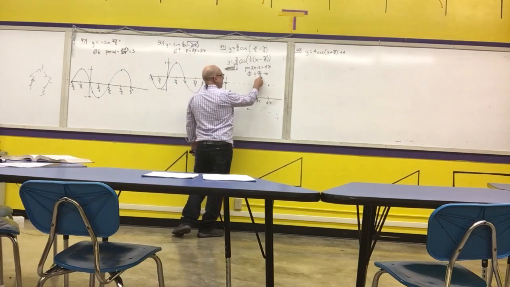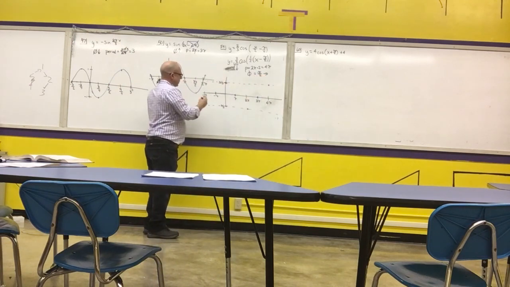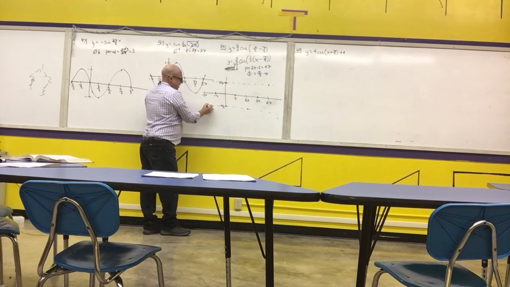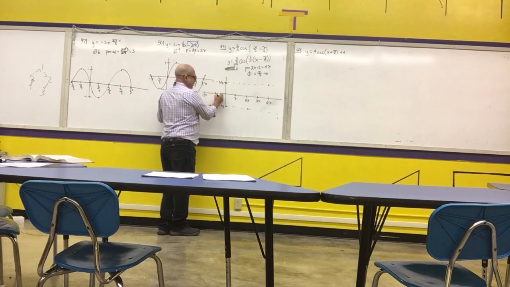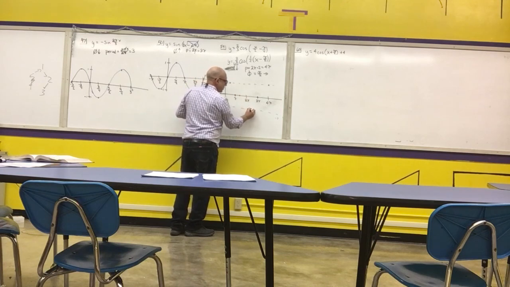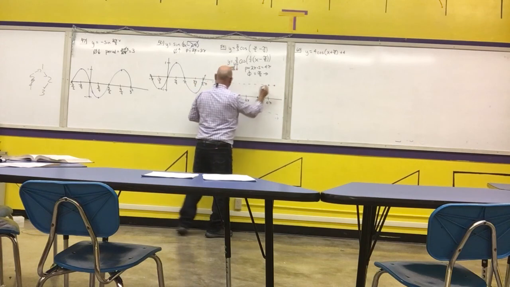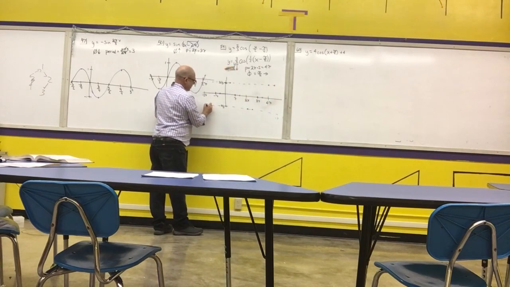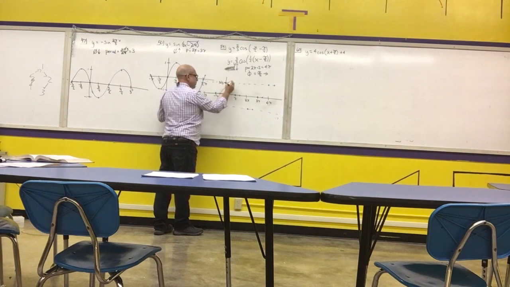I am going to take every single dot on this graph and shift it pi halves to the right. So at negative 2 pi, I'm going to shift it to the right. Negative pi, shift it to the right. Shift each one of these to the right, pi halves units. And when I get done, now I'm going to connect my dots with smooth curves.